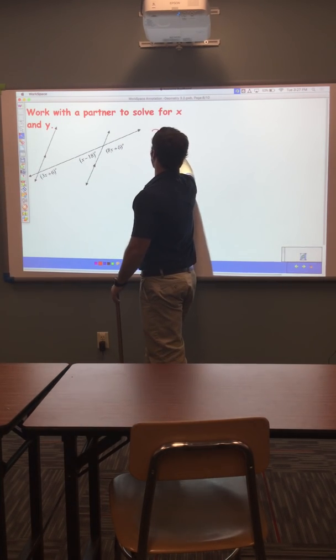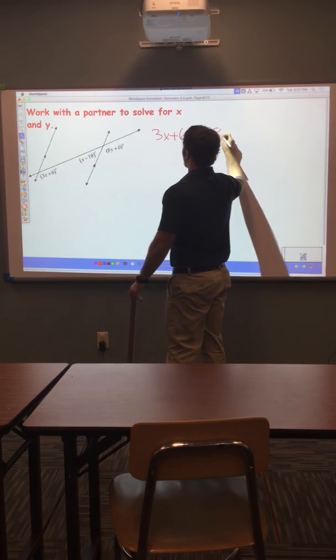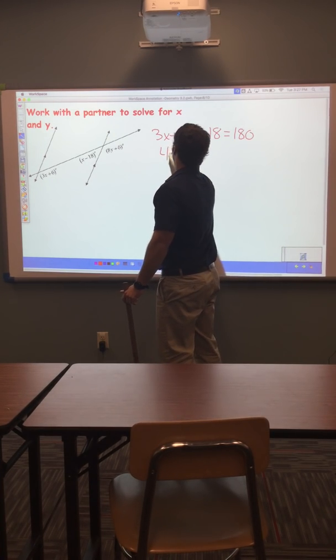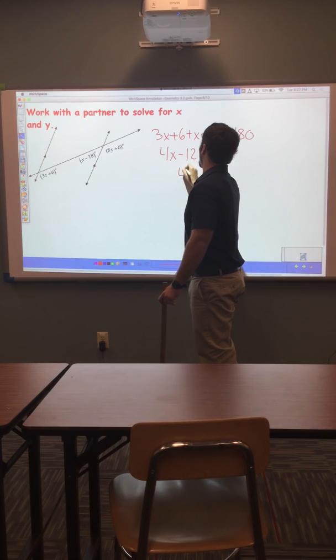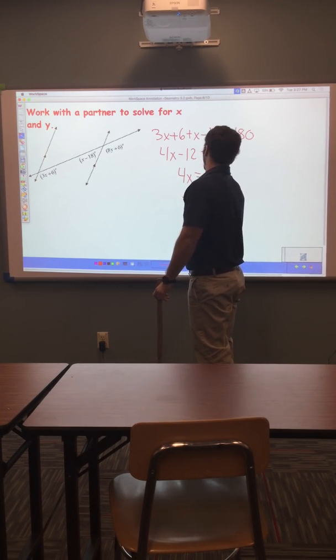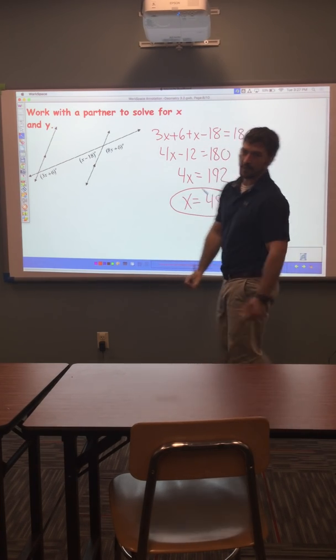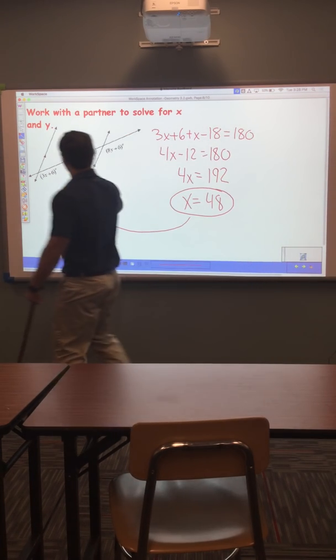So 3x plus 6 plus x minus 18 equals 180. Combine our like terms. Addition property of equality and division property of equality. X is 48. Still got to find y, so let's plug x in.